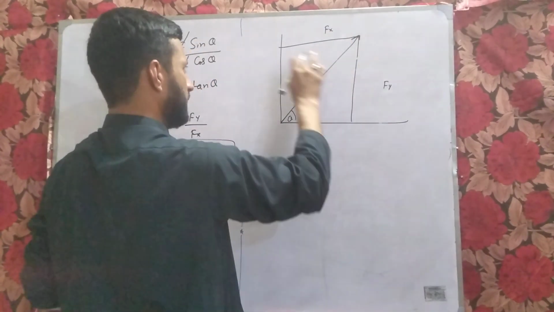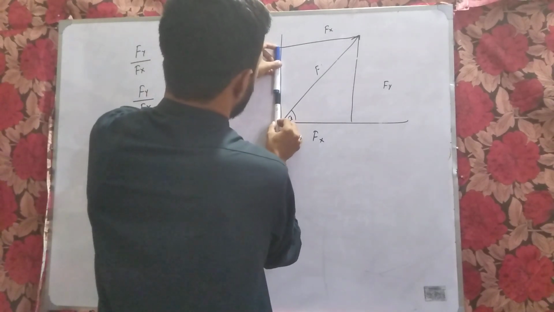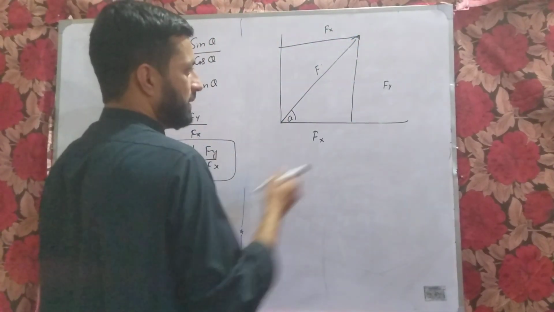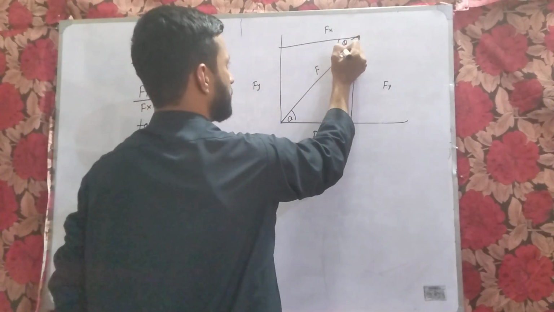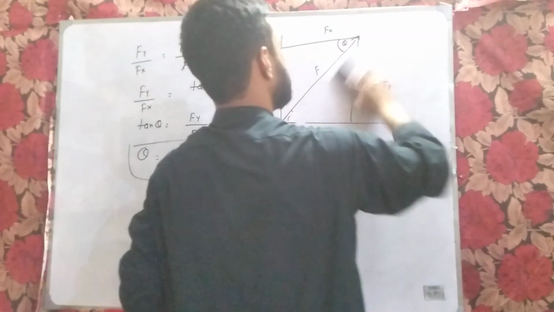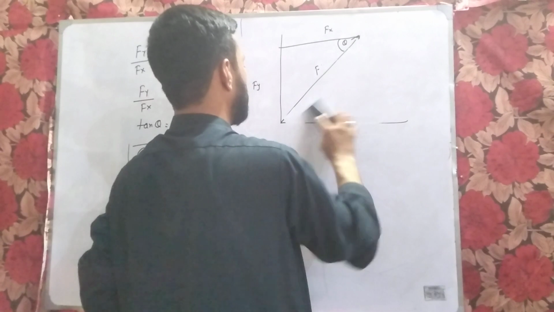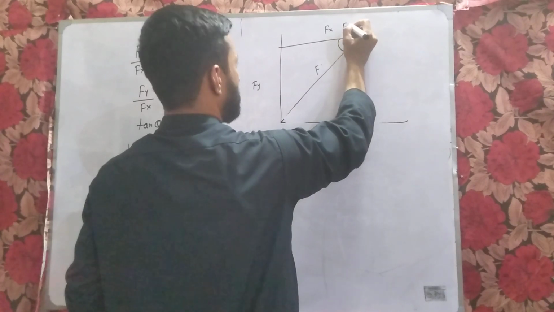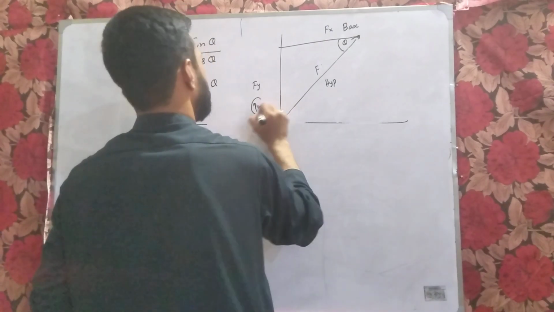This is fy, and these two lengths are equal, and here this length is equal to this length. So this is fy, and this angle is also theta. Now remove this triangle from here. The remaining triangle has this as base, this as hypotenuse, and this as perpendicular.